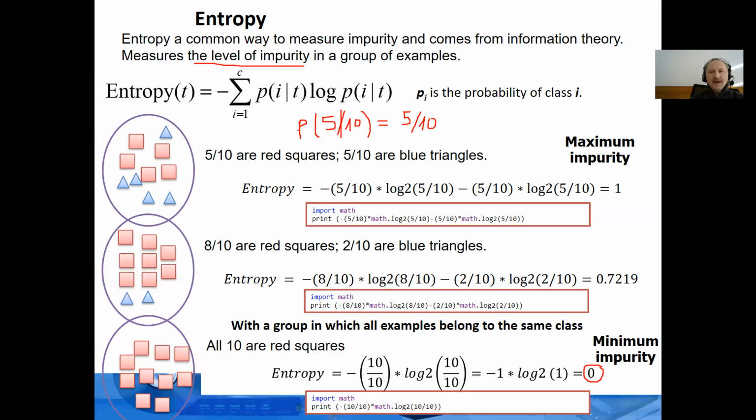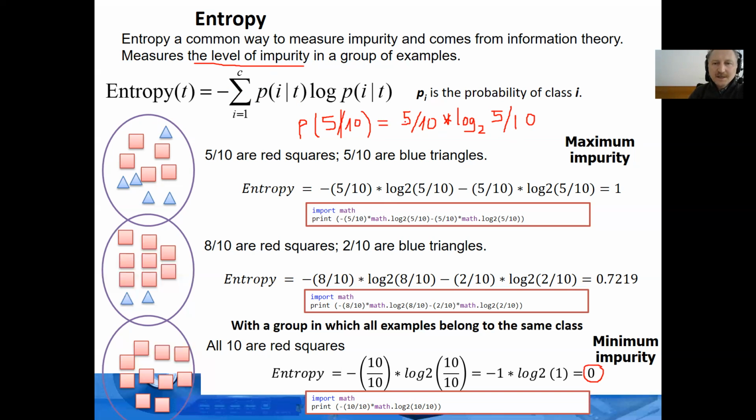Then multiply by log base 2 of the same probability, 5 divided by 10.